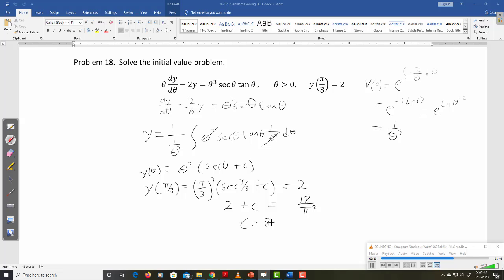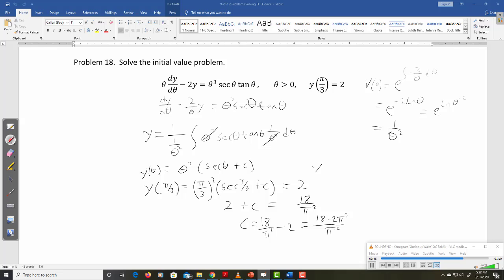So c is 18 over pi squared minus 2, which I guess would be 18 minus 2 pi squared over pi squared. Yeah, 18 minus 2 pi squared over pi squared.